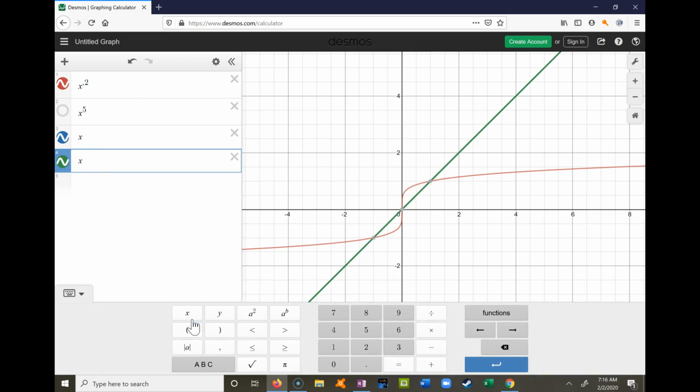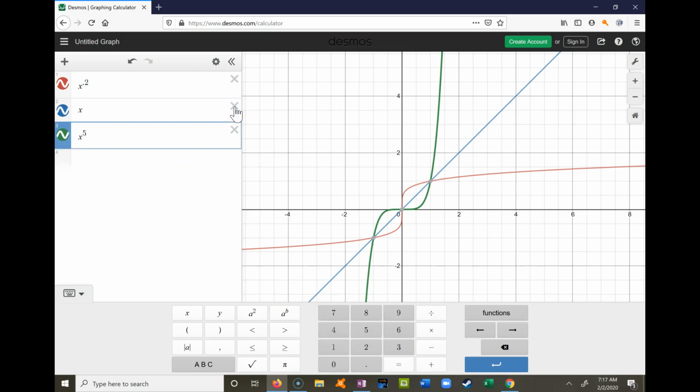Okay, so notice the green is the x to the fifth, and the red is the x to the 1/5, or the fifth root.